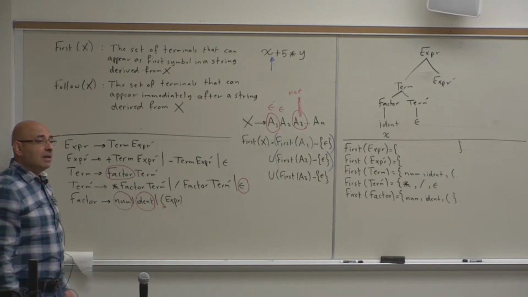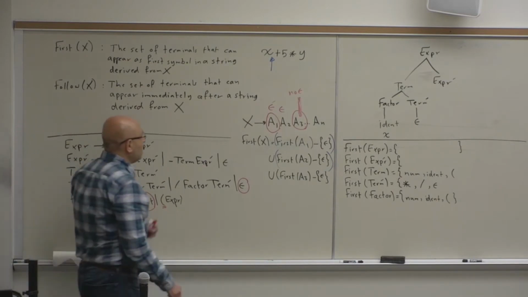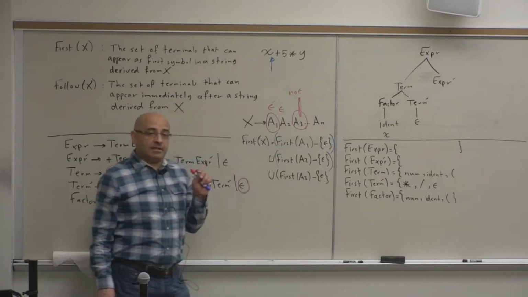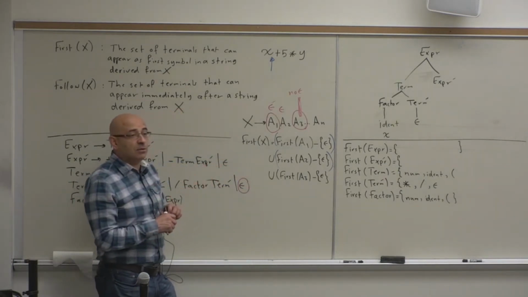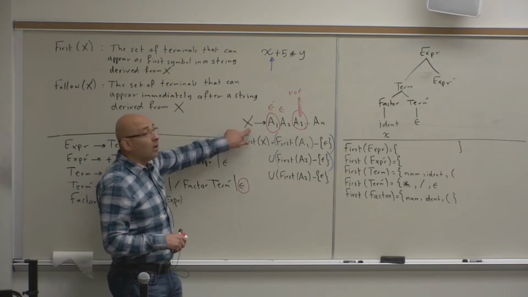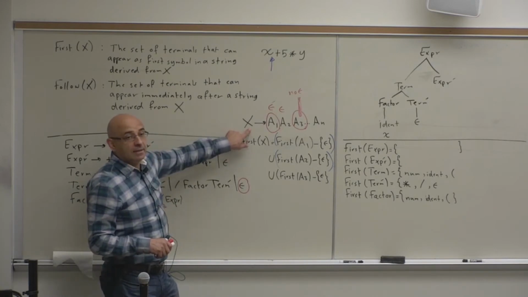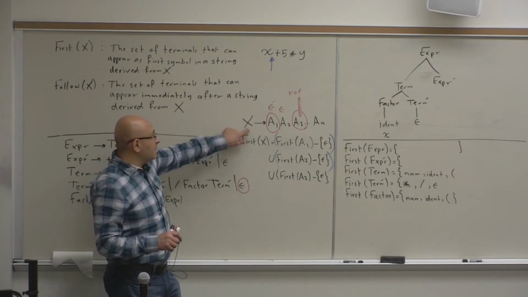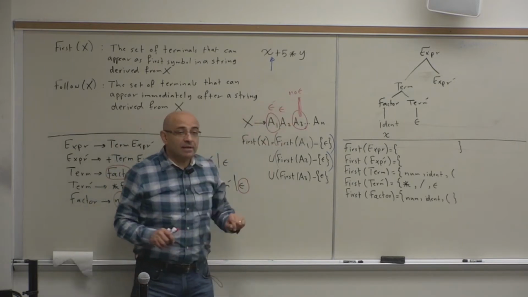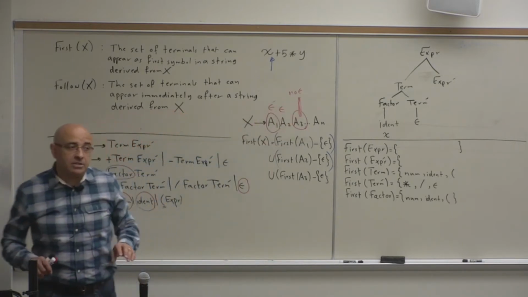What does it mean when we say that epsilon is in the first set of X? It means that we can substitute epsilon for the whole X. And substituting an epsilon for the whole X is possible only under what condition?